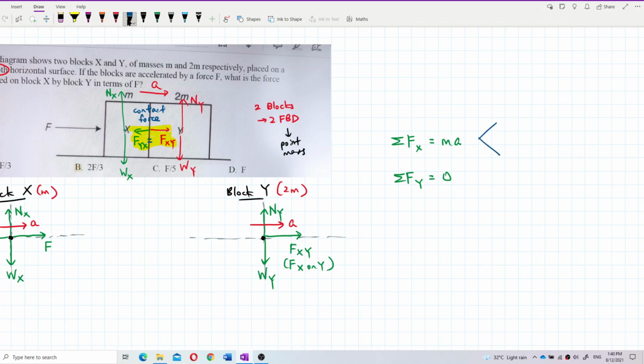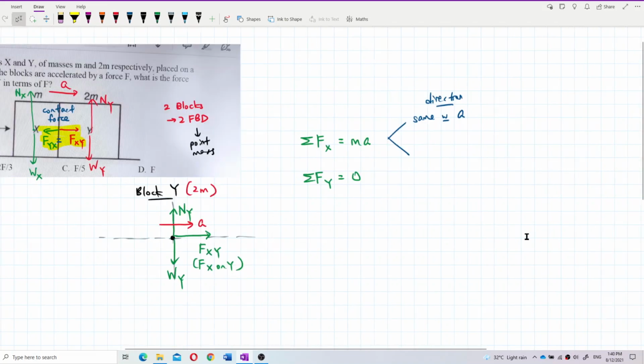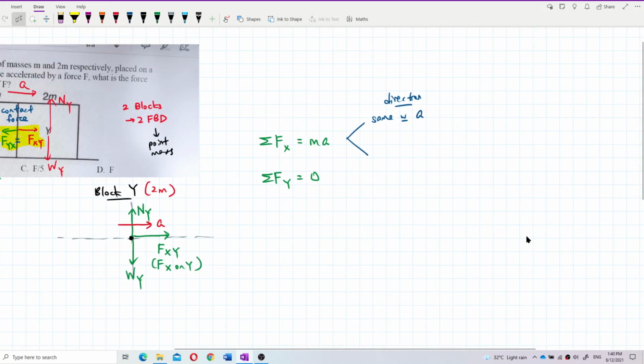Okay, if the direction is the same as a, then the force we put positive. Understand?